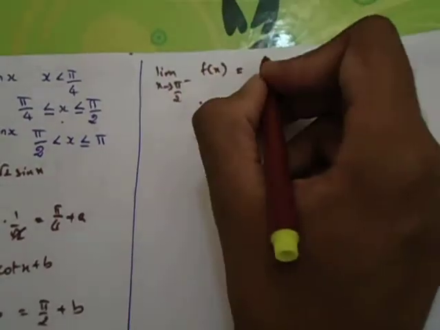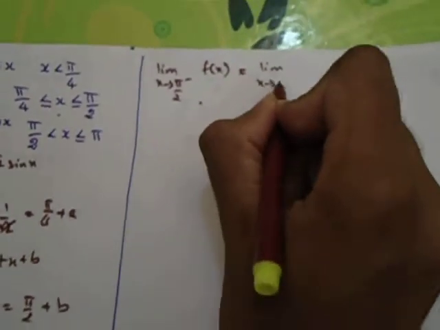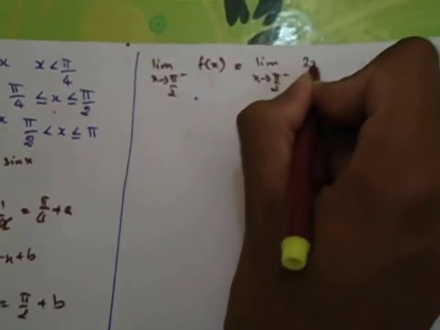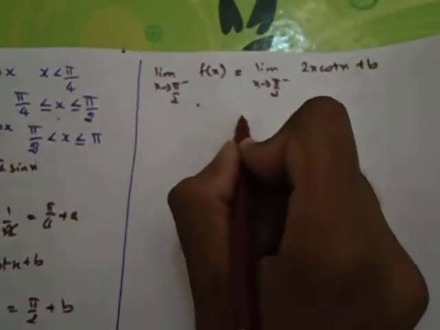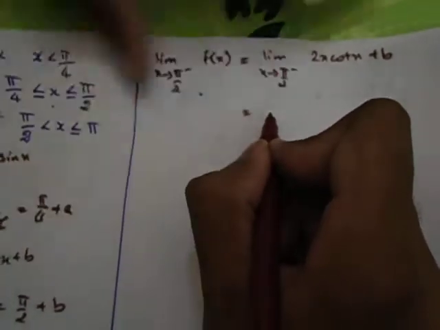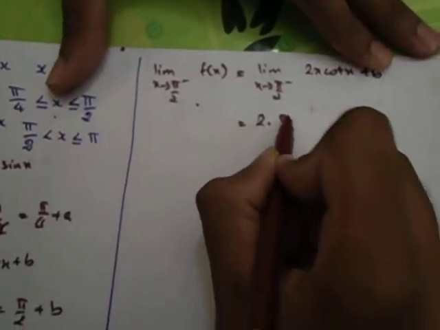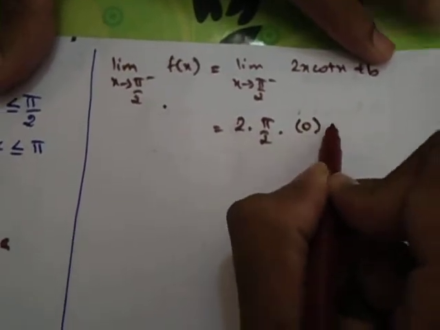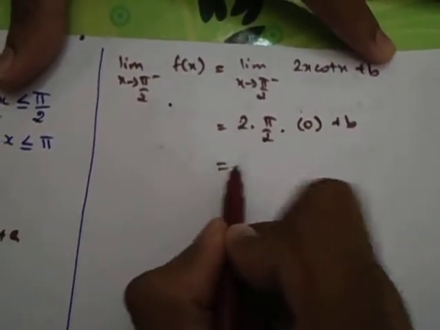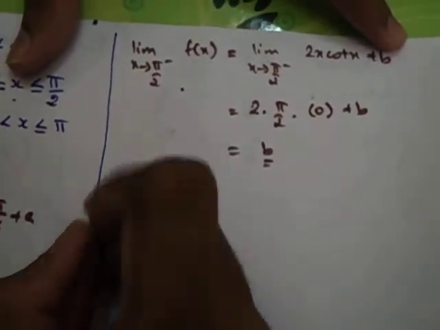So we get limit x tends to pi by 2 minus 2x cot x plus b, and when we substitute, we get 2 into pi by 2 into cot pi by 2, which is 0, so we get into 0 plus b. Anything into 0 is 0, so we get b.